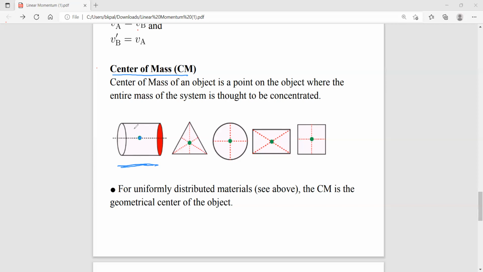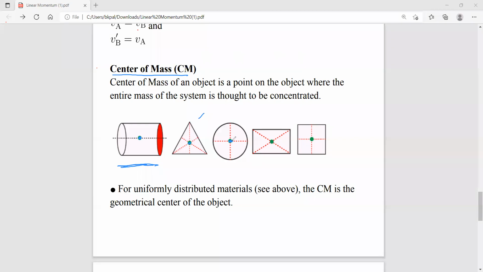For this triangle, it's basically a triangular plate. So for this triangular plate, this is the center, and this center is the center of mass. For this circle, the center of the circle is the center of mass, and so on. So if we have a single object, and if the materials are uniformly distributed throughout the object, then the geometrical center is the center of mass.